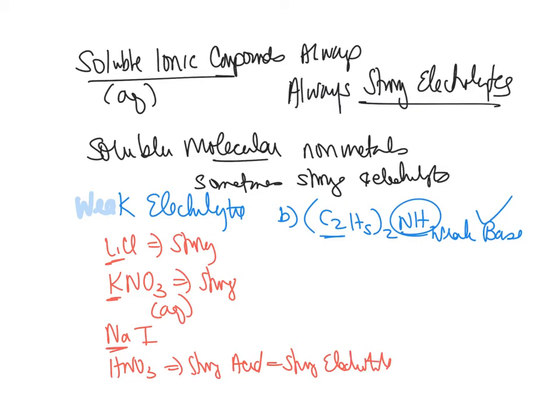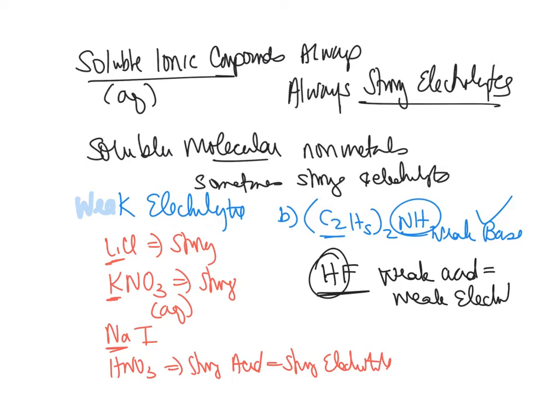Which of the following compounds is a strong electrolyte? Okay, so now the next question, we have hydrofluoric acid, and it's not one of the 7, and it starts with a H, hydrogen. So this is a weak acid, and we know that weak acids are also weak electrolytes. And then we also have H2CO3, and that would also be a weak electrolyte.